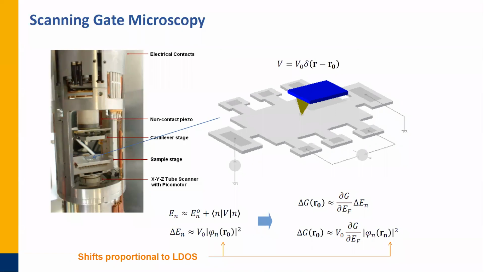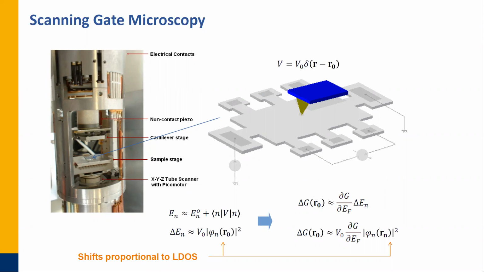So I induce a potential in the two-dimensional material as I move the tip, and simultaneously I measure changes in conductance of the material. So here's the tip. I move it on top of the device and measure changes in conductance.